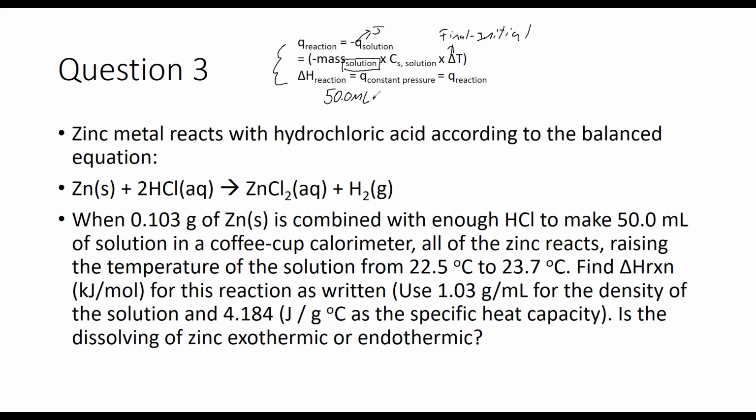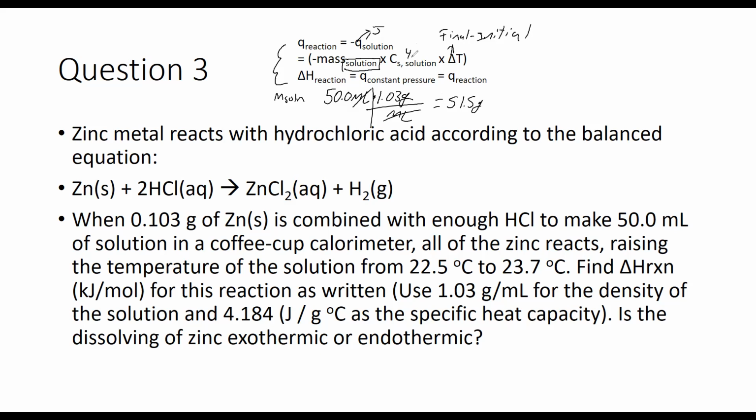And the density of our solution is 1.03 grams per mil. Mil at the top, mil at the bottom, mils cancel out. And the mass of our solution then is 51.5 grams. So that's M solution.